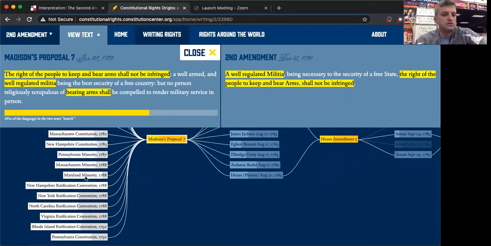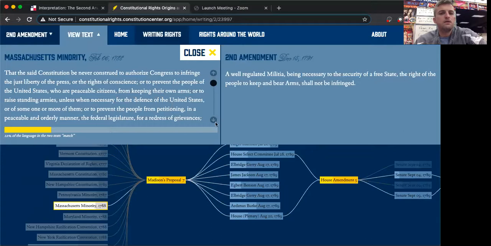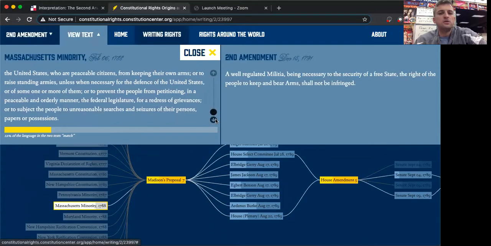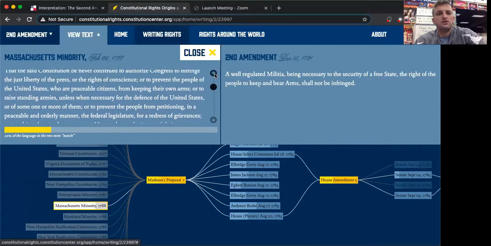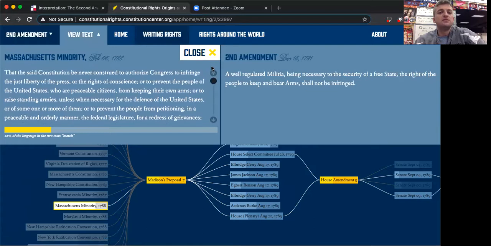Like, let's look at the Massachusetts Constitution. This one's pretty good. And what you'll see once you click through here is that these are essentially state interpretations of a part of the state constitution from the founding era that was a part of the Second Amendment.